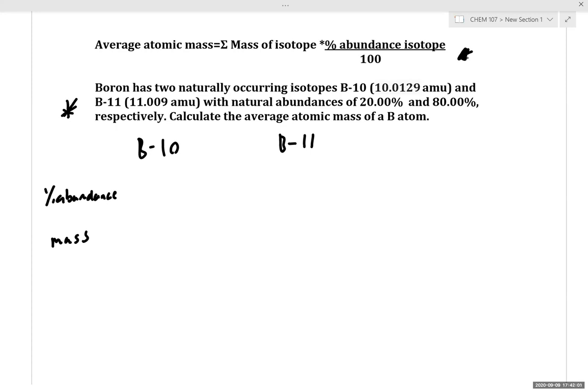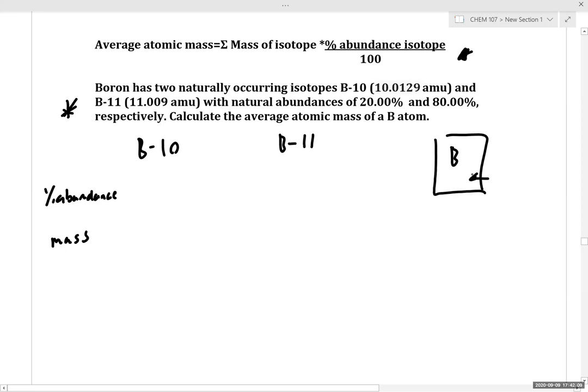You can always check your work by looking at the periodic table, finding boron, and reading off the average atomic mass. Let's try to get a few more responses in the chat, and we'll discuss in about 3 minutes.